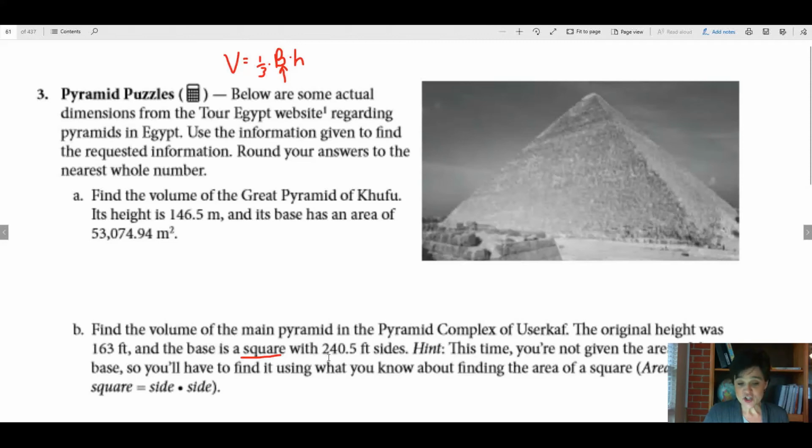Each side is 240.5 feet. Okay, so to find the area of that square base, you would do 240.5 times 240.5. You have to multiply that to get the area of that, and then that number will be this number, if that makes sense. Now you can work that in there.